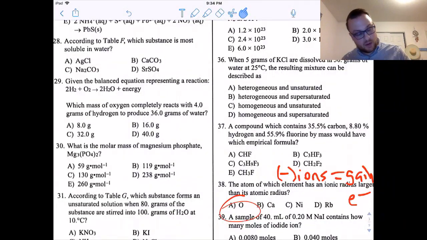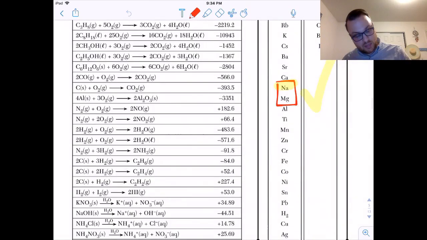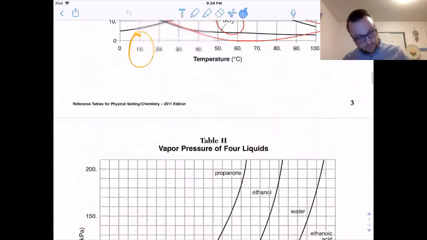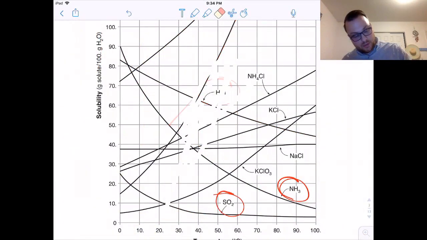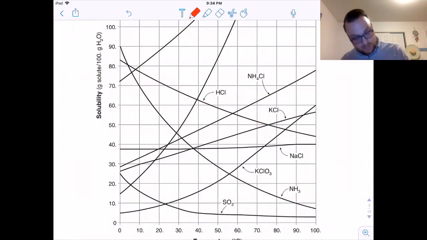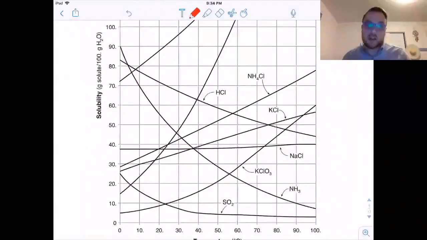So I'm going to go to table G. 25 degrees, 5 grams is right. KCl is right here.